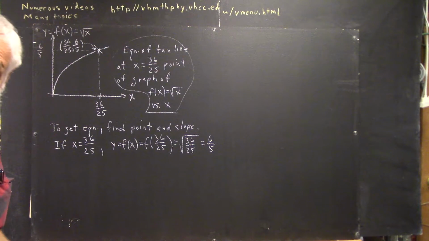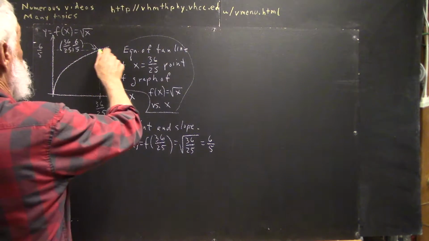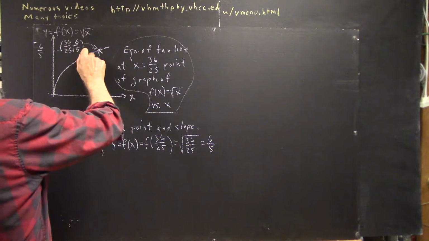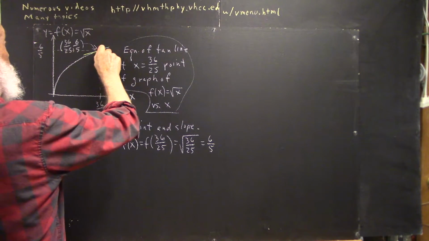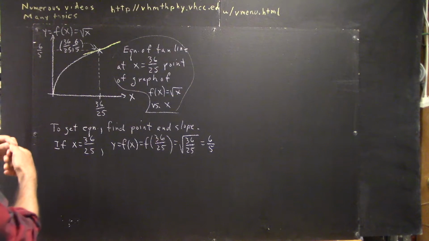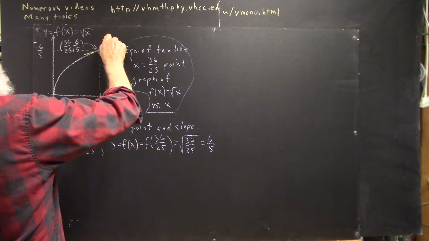Now we want the equation of the tangent line. So let me draw the tangent line. A tangent line is just a line that kisses this graph at this point. I didn't do a very good job of that, but this line depicts the tangent line.